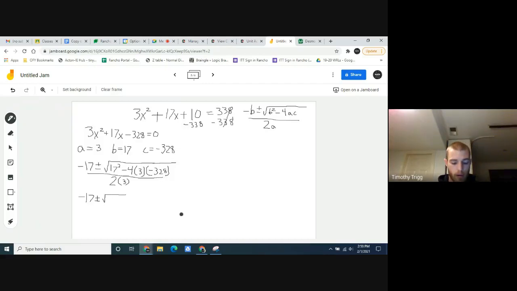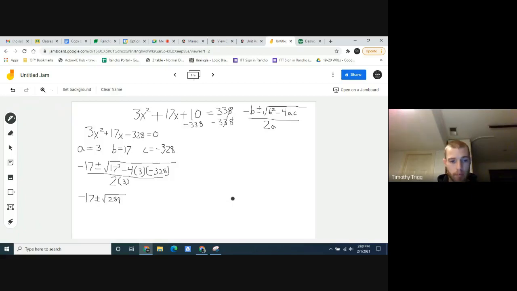So it's 17 squared. Okay, that's 289. And then negative 4 times 3 times negative 328. That'll come out to a positive because you have that negative 4 times another negative 328. Negative times negative makes positive.